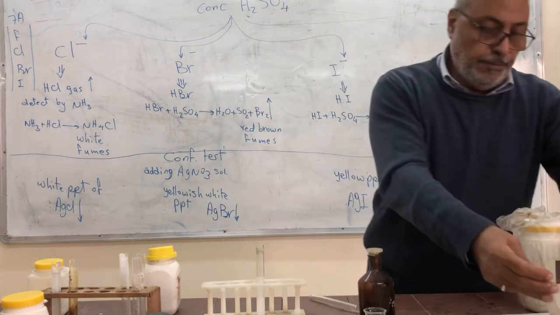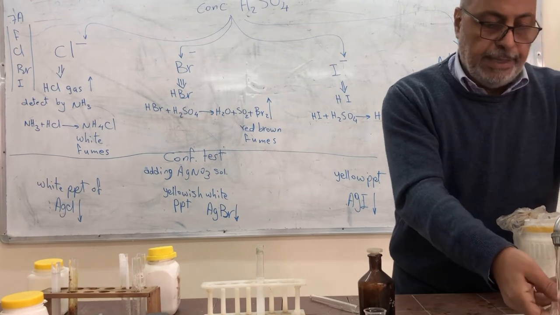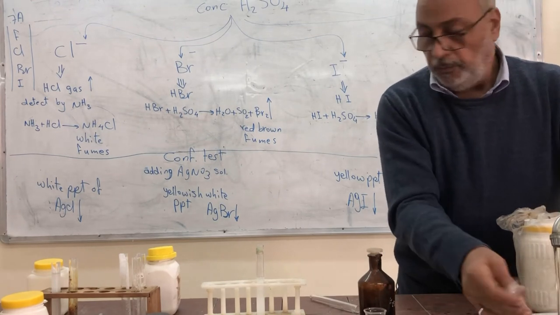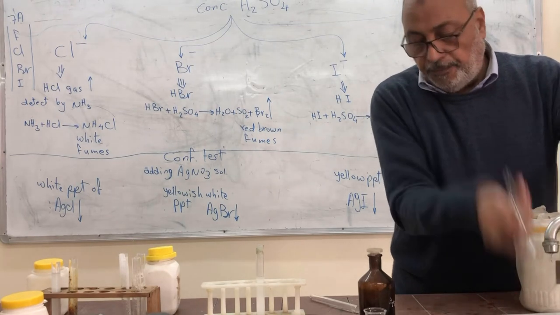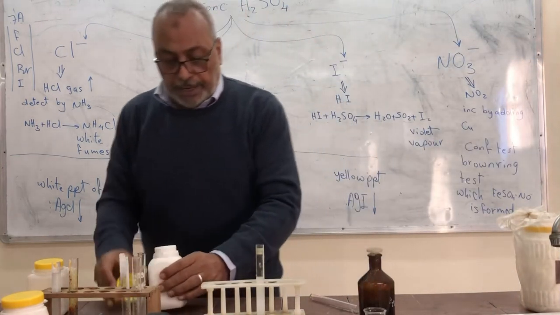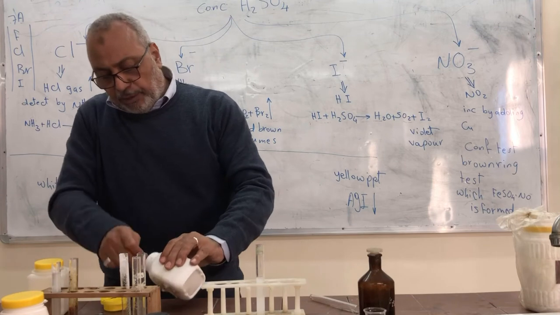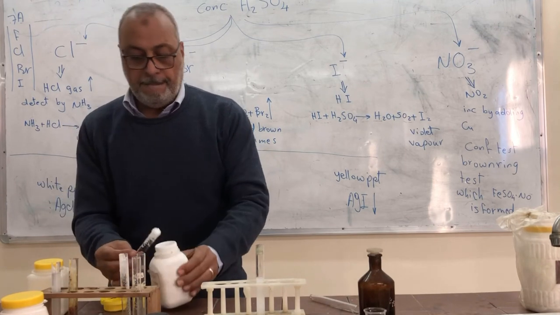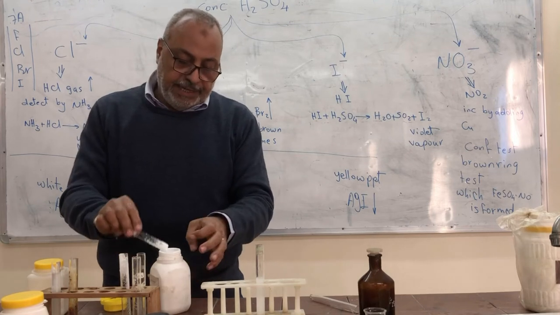Number 2, bromide. We get a salt of bromide and add silver nitrate to it.